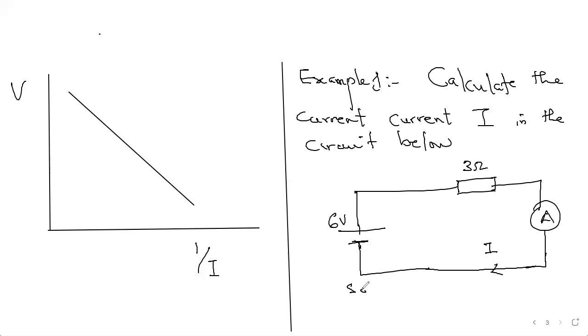Now, this is very direct and easy because we know V as 6 volts, and we know R, the resistance, as 3 ohms. Then I can get the current from Ohm's law. V equals IR. This is Ohm's law.